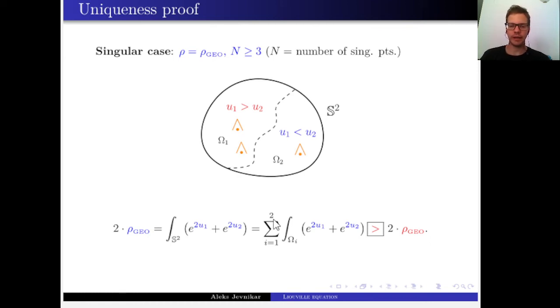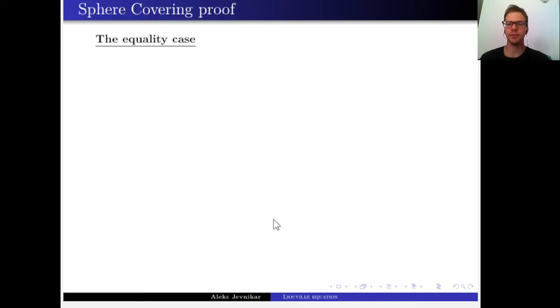So in the last part, I would like to show what is the idea of the sphere covering inequality, which is the main tool here. So first of all, you need to study how you get the equality case in sphere covering.